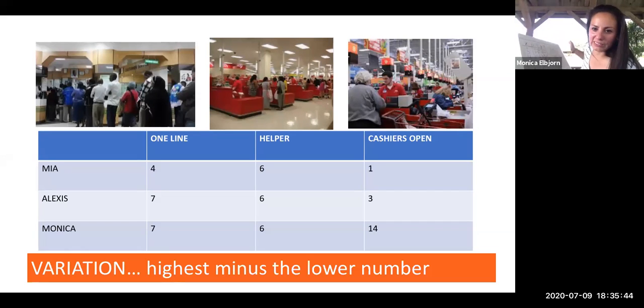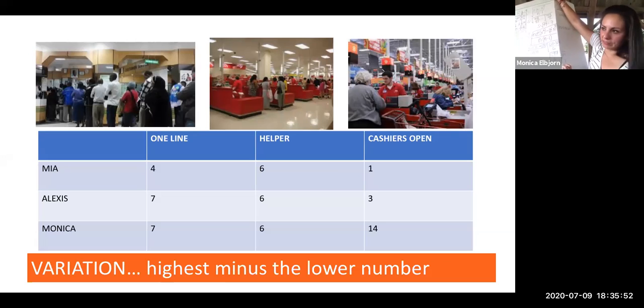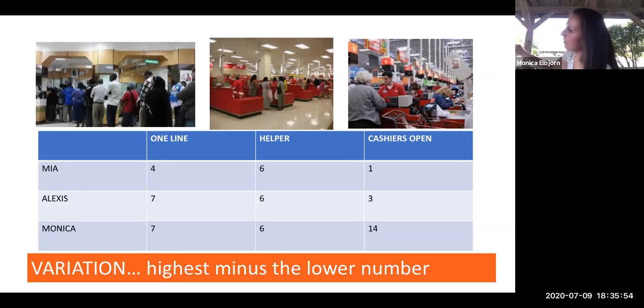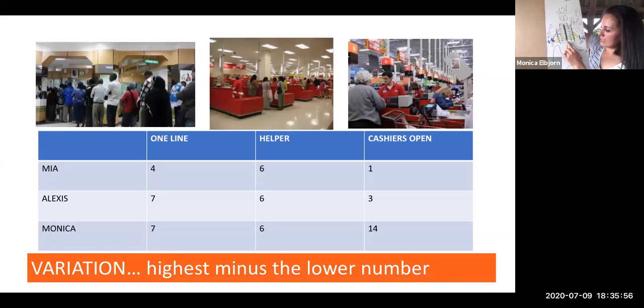So on this example that we said 1, 3, and 14, our sample standard deviation was 7. So if we have this graph, meaning you got one person that waited 1 minute, and then you get another person that waited 14 seconds, but your average is 7.